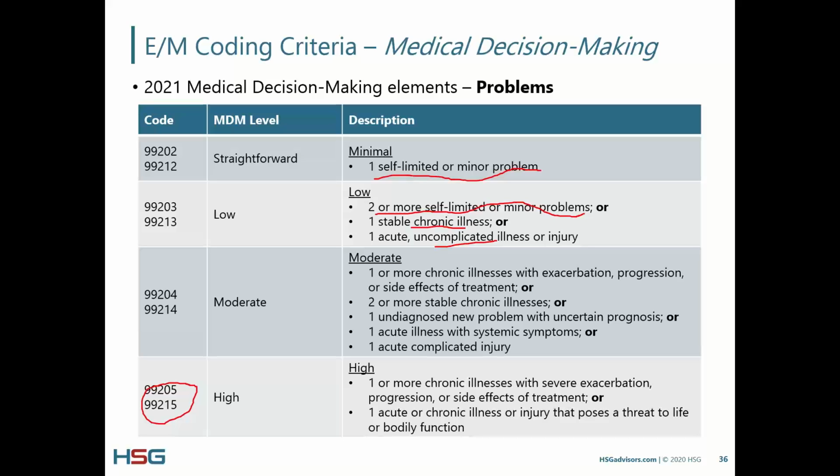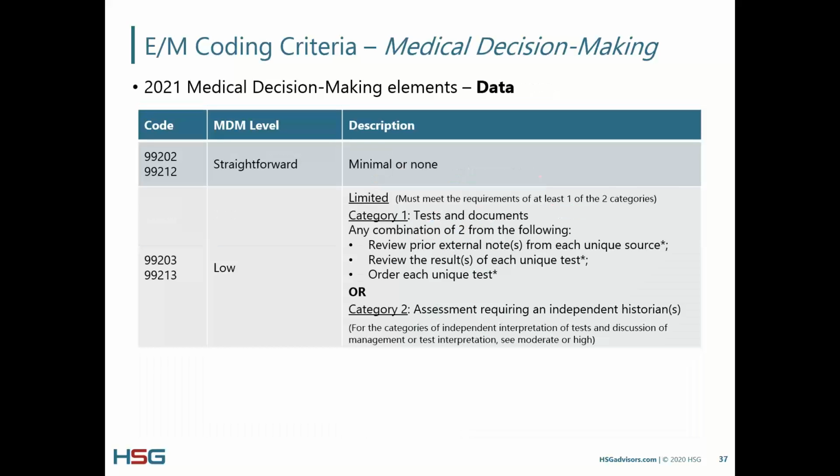Now, again, there are two other areas. The next area is the data reviewed, and this is too broad to put on one slide. It's actually spread over 3 slides. But there are anywhere from 1 to 3 categories in this, and you have to meet at least one of the two. So you have tests and documents, usually as one category, an assessment requiring an independent historian.